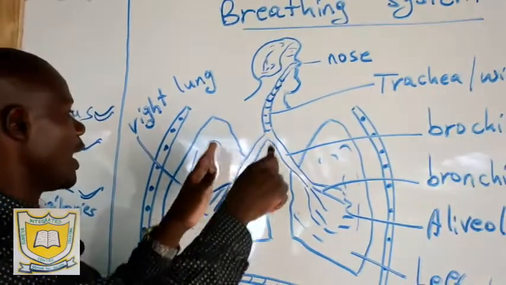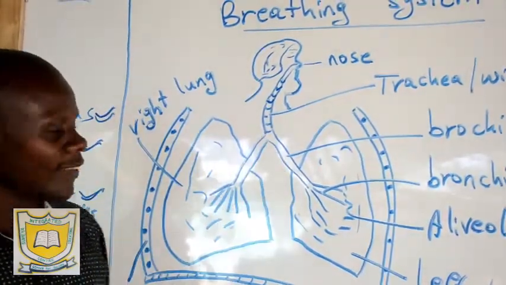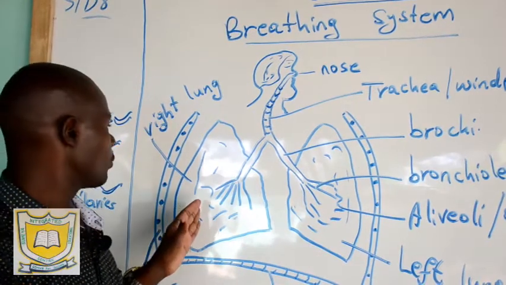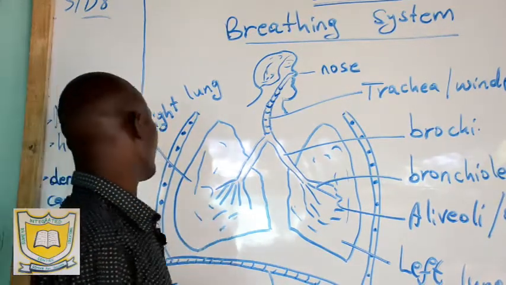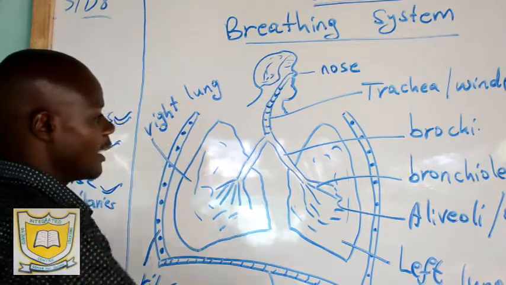Now, from the trachea, we have the two branches that move into each lung. We have the right lung and the left lung.